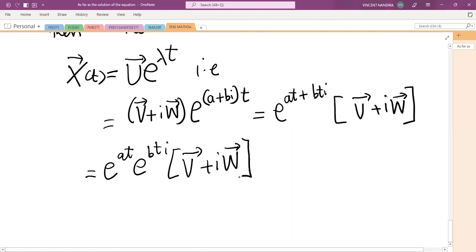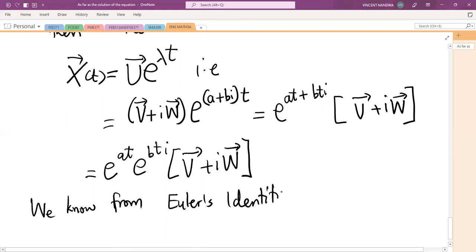But you see from Euler's identity, e raised to power theta i is given by cosine of theta plus i sine theta.